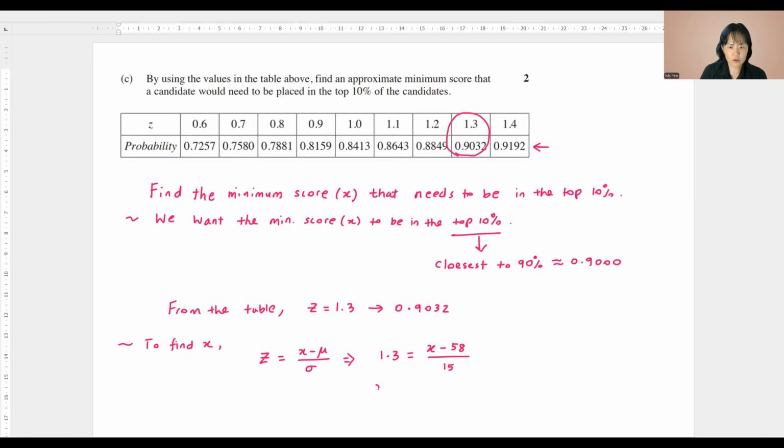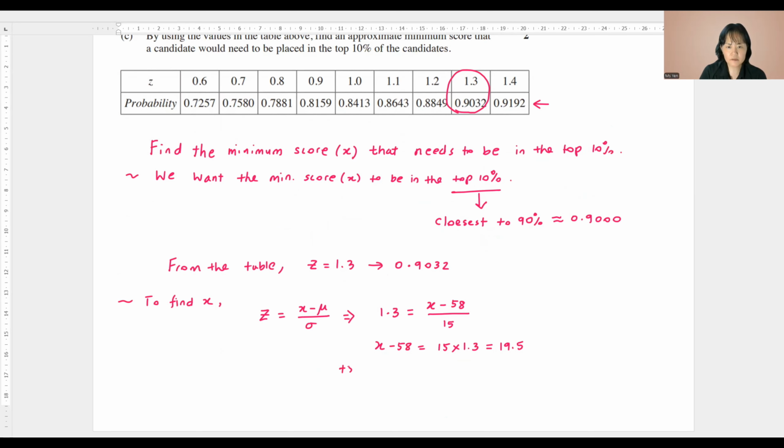Okay, so X minus 58 equals 15 times 1.3, which will give me 19.5, plus 58 on both sides. X equals 19.5 plus 58, which will give me 77.5. So roughly 77 marks or 78 marks is the minimum score to be in the top 10%.